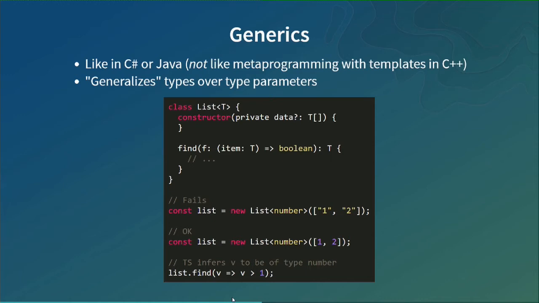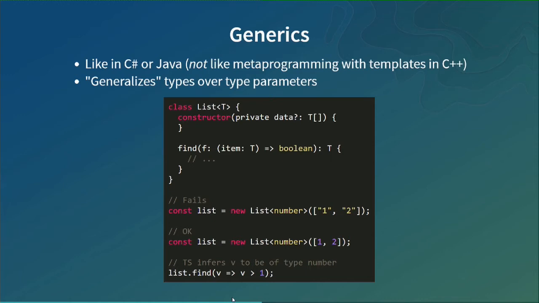But all the items in there are of that type. Then I can write functions like this find function, which is like your regular array.find, but type safe. It takes in f, a function callback that takes in an item of the type you specified and returns a boolean. If the function you give it returns true, then it will return that item, which is of type T.